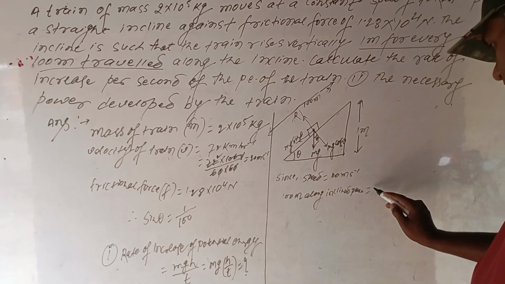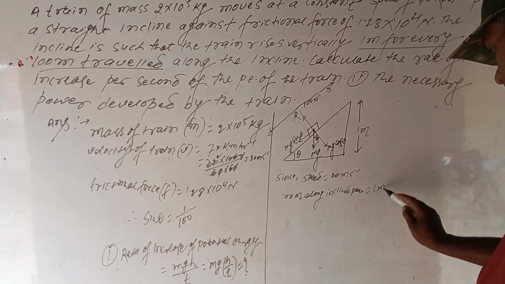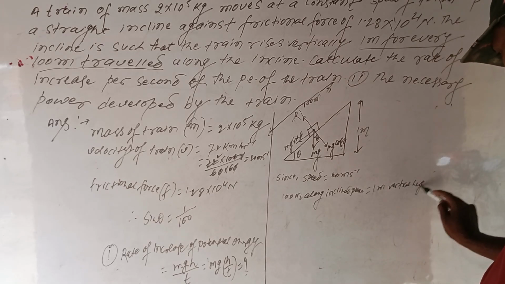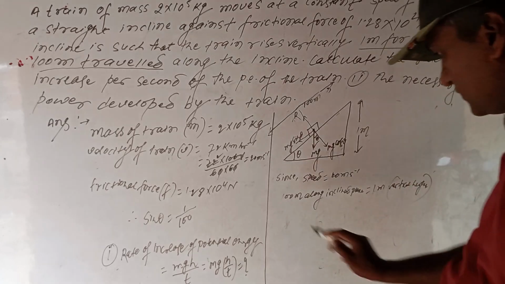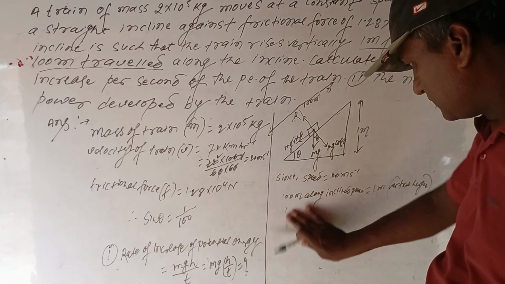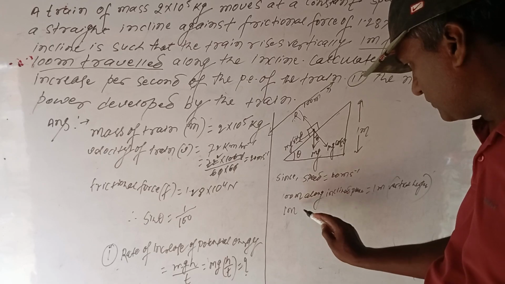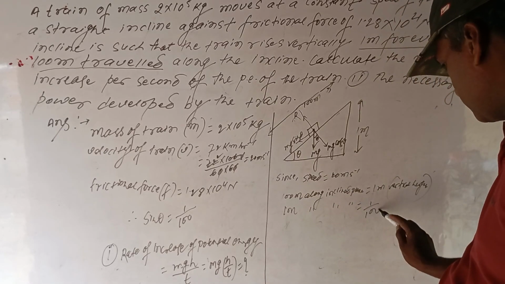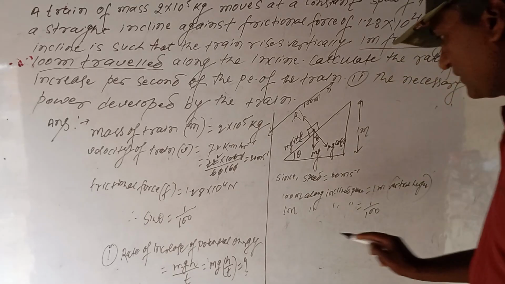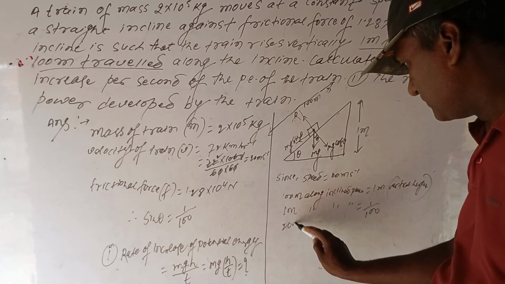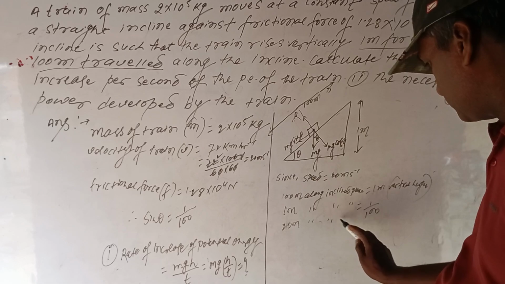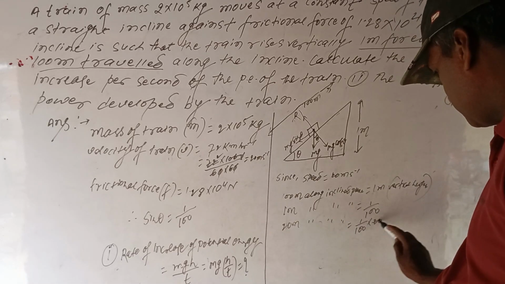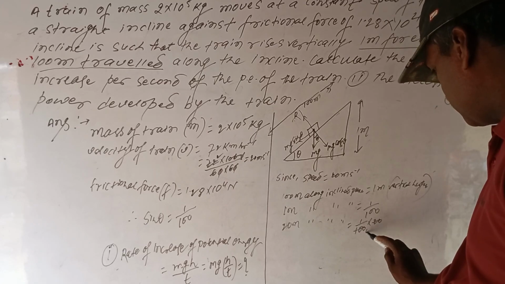Here it is shown: 100 meters along the inclined plane corresponds to 1 meter of height. If the distance along the inclined plane is 20 meters, then the height is 1/100 × 20.